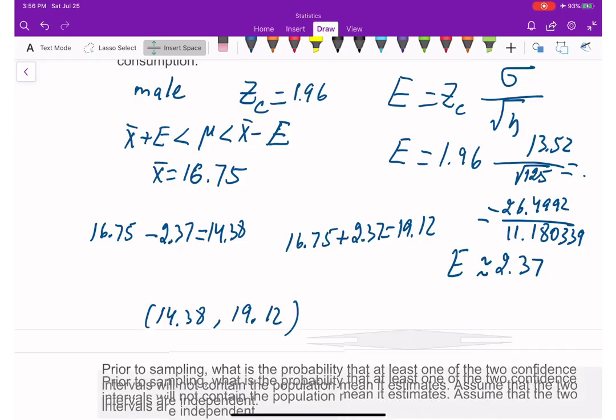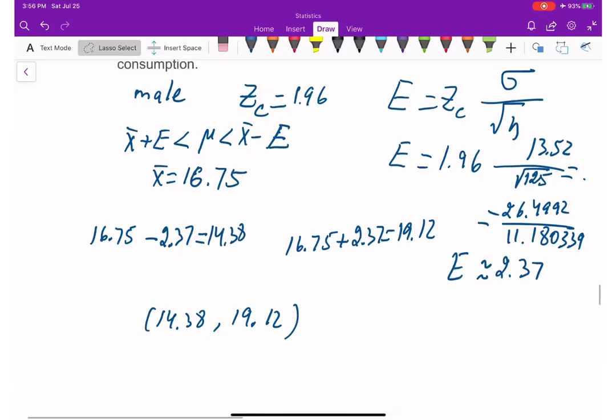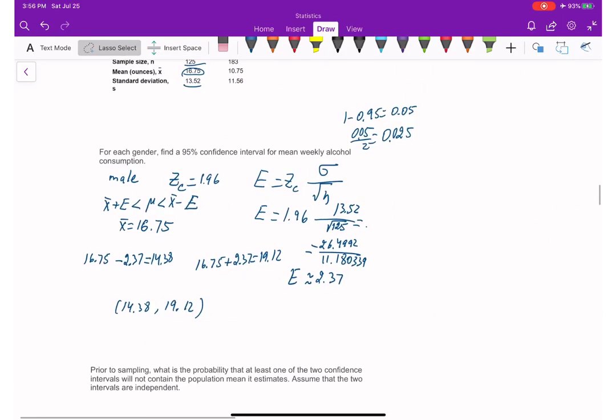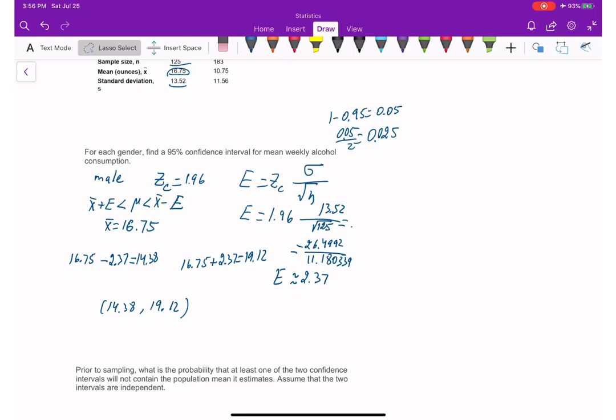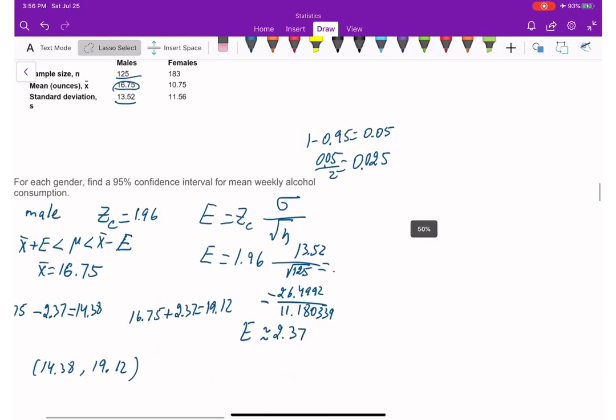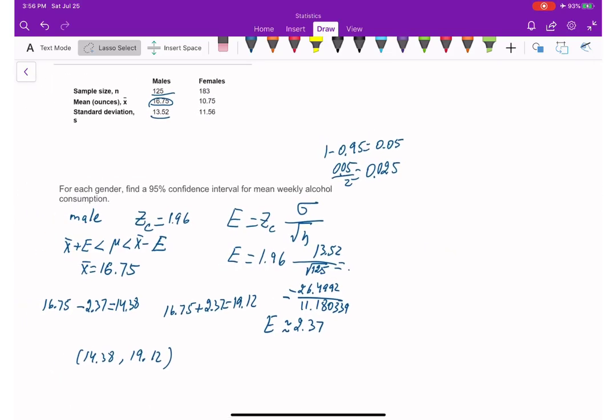So let's do it for female now. We'll try to be more organized solving for female. If you have any questions, you can find the answer. Let me do it right next to it. Female. So Z critical is going to be the same.